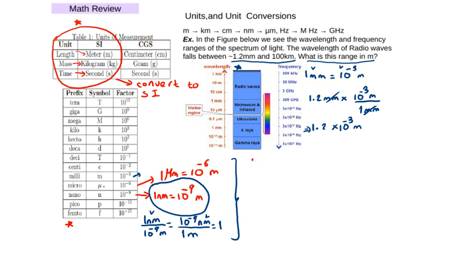Higher end, kilometers. I'm going to use maybe red here. Put the division. How do I convert to kilometers? I look at my table again, or my question gives it to me, that 1 kilometer is equal to 10 to 3 meters, right?